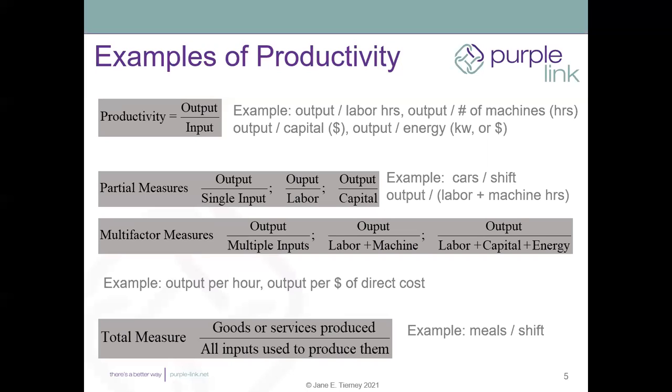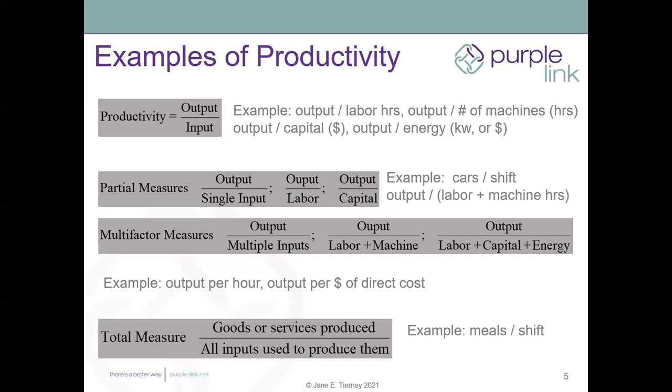I teach at some local Cal State campuses, and one of the things I teach is productivity. And the books talk about multi-factor measures. And I've seen this sometimes in companies that I've worked with, but not often. And the reason is you put too many things together and you don't really know what's driving what. So in the books that I teach, they talk about the output per labor and machine.